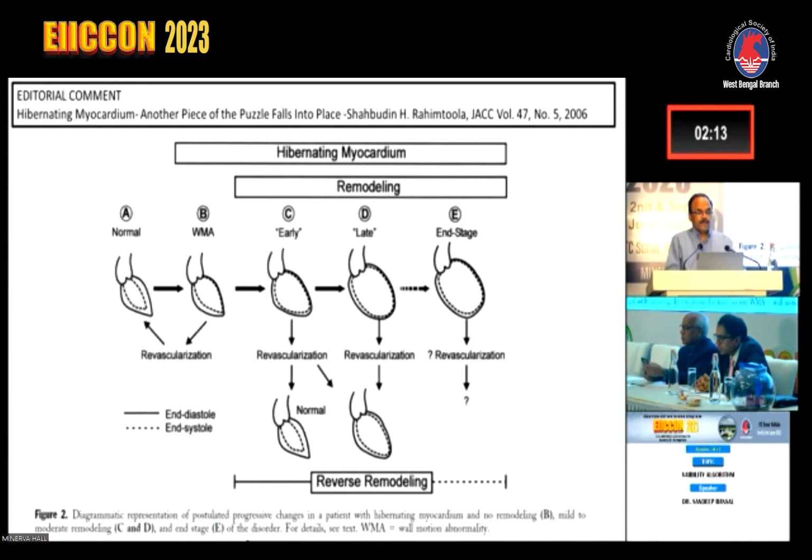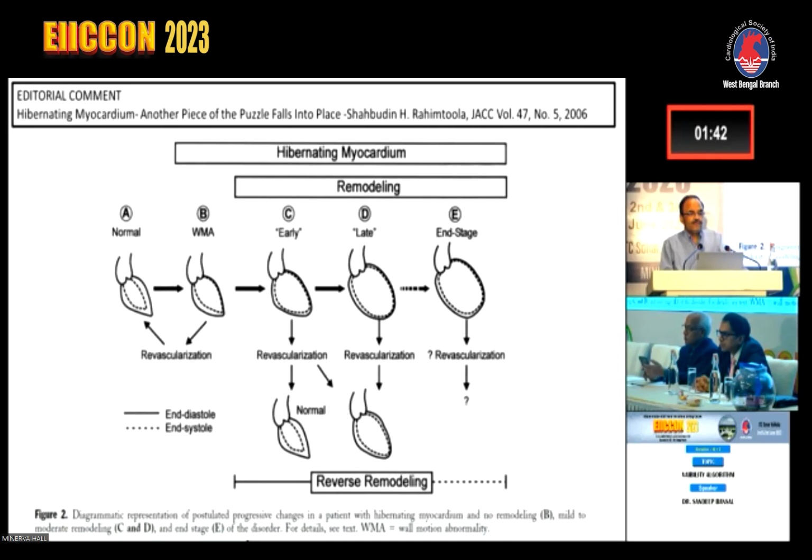Now, this is based on the fact that he also observed that if you have a normal heart and you develop occlusion, in the acute stage itself, when you revascularize, the function normalizes. If the blockage continues over a period of time, you have remodeling. And if you revascularize the heart early in the remodeling, it normalizes.